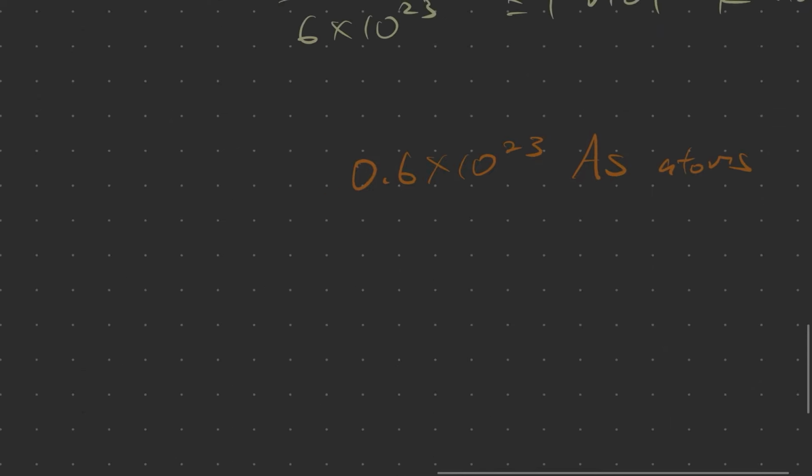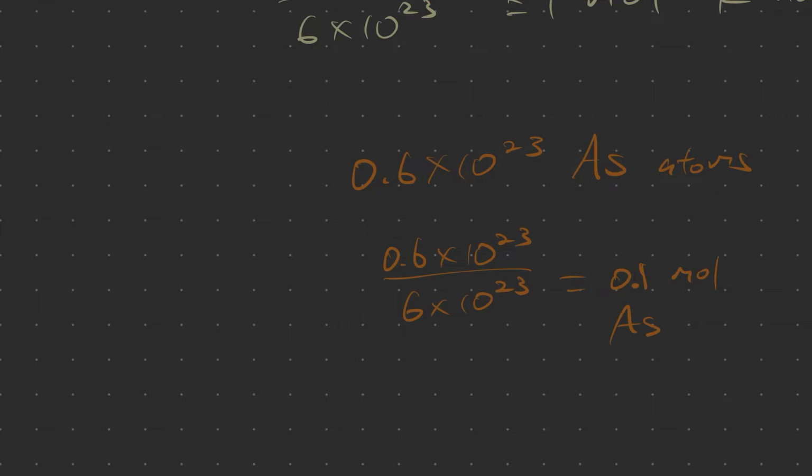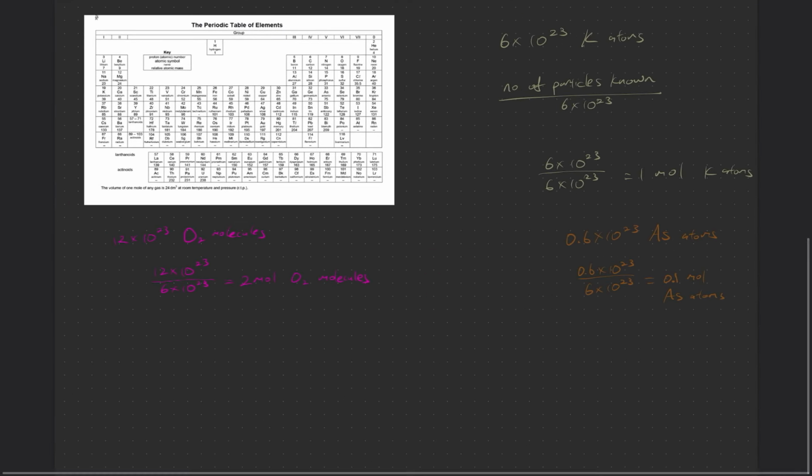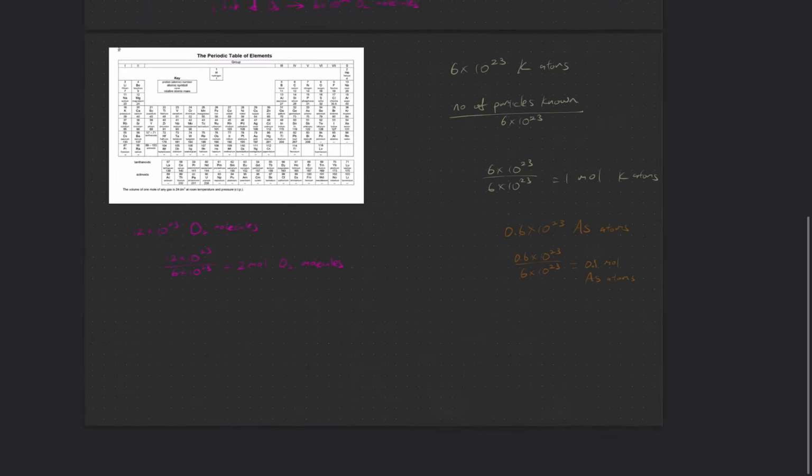I need to find how many moles of arsenic atoms I have. So 0.6 times 10 to the power of 23 divided by 6 times 10 to the power of 23 will give me 0.1 mole of arsenic atoms. So this is how you find the number of moles if you have the number of particles.